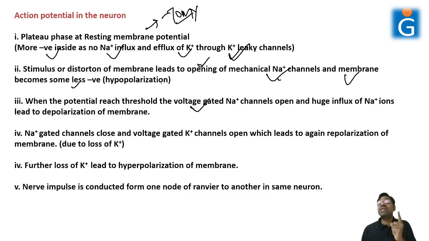When the mechanically operated sodium channels cause influx of sodium, and this sodium concentration reaches a threshold, meaning there is enough sodium to trigger the opening of voltage gated sodium channels, then at this threshold potential the voltage gated sodium channels open, and there is a huge surge of sodium coming inside the cell, which causes a decrease in the polarity of the cell.